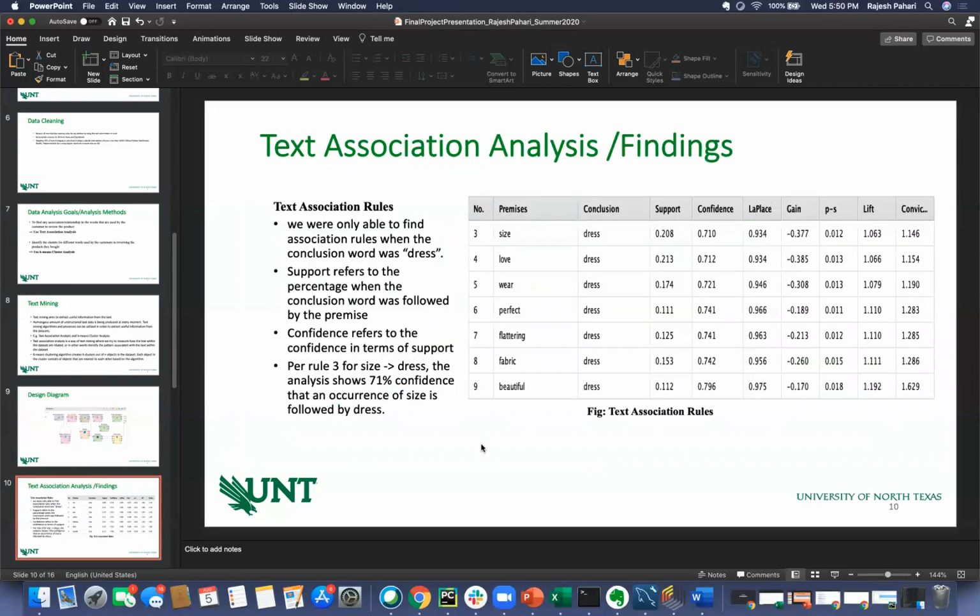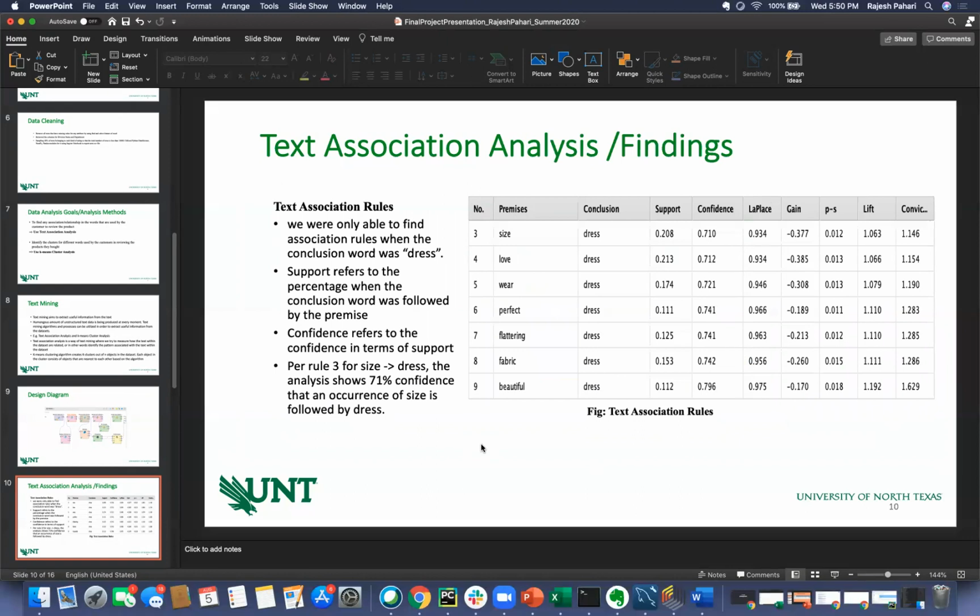These are the text association rules that we are able to see in the results section for text association analysis. We could see that the only rules we found were for the conclusion word dress. In the table, we see the reference to support.